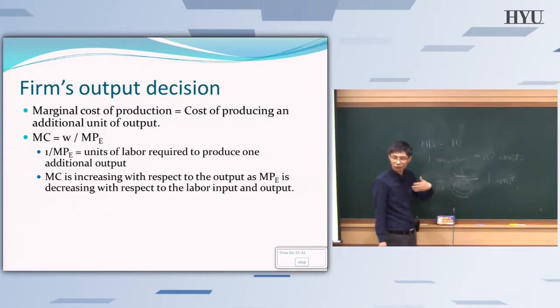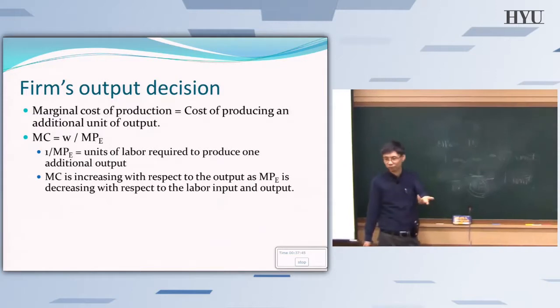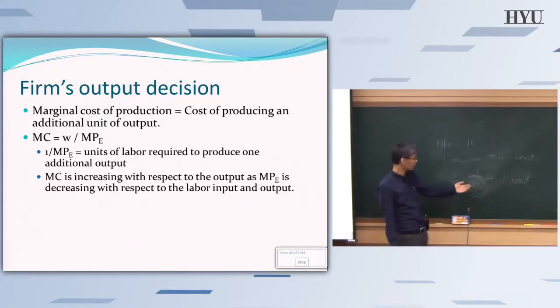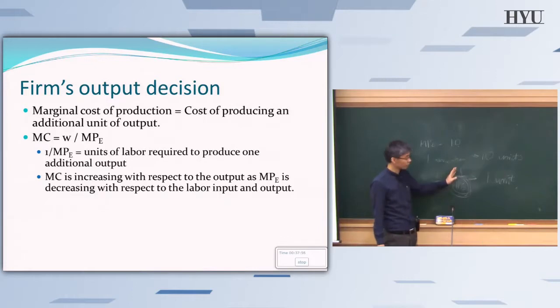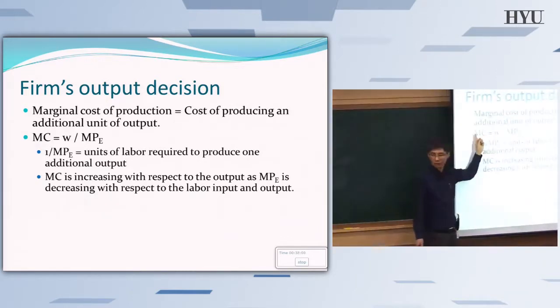That seems to be a fair deal. You can make 10 units, I need only 1, so you do only 1/10 of your work and I pay you 1/10. So W times 1 over MPL is the marginal cost.